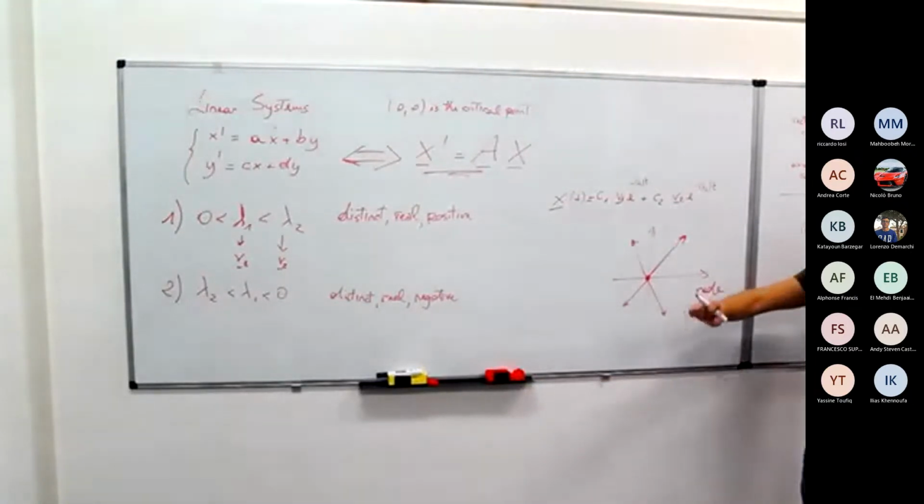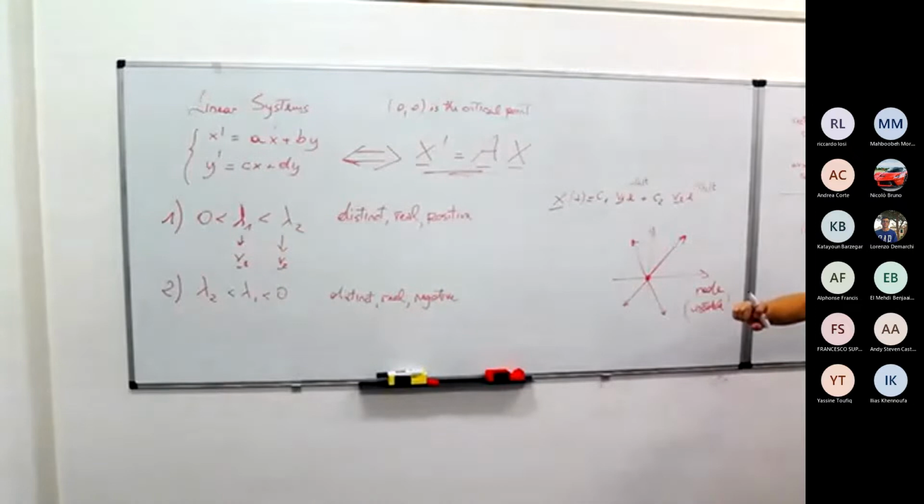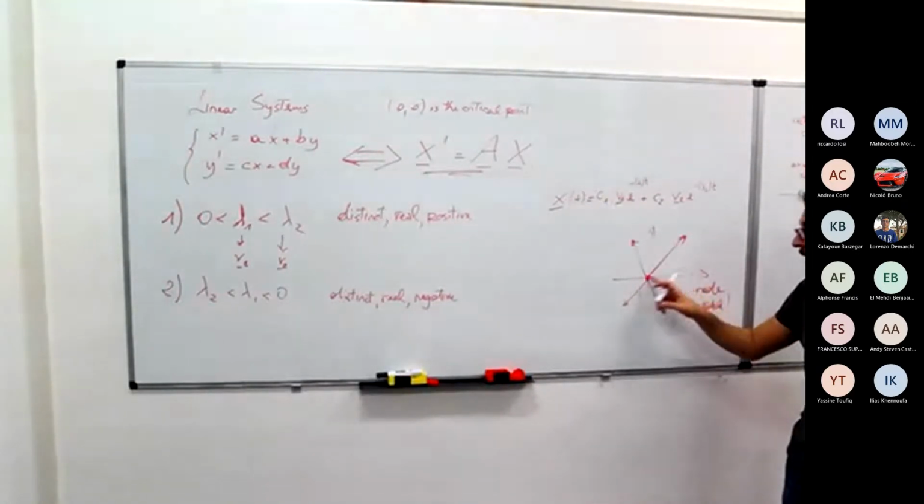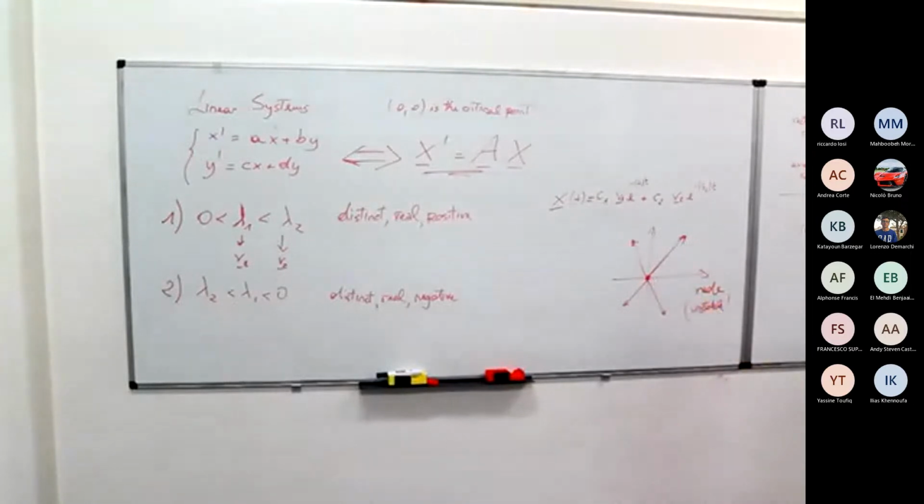Question. Can you guess what would be the phase diagram in this case? So can you guess what's the nature of the critical point in 0, 0 for this linear system?